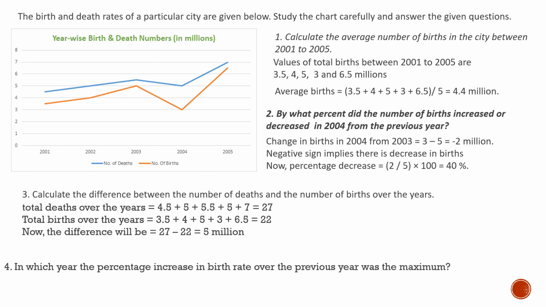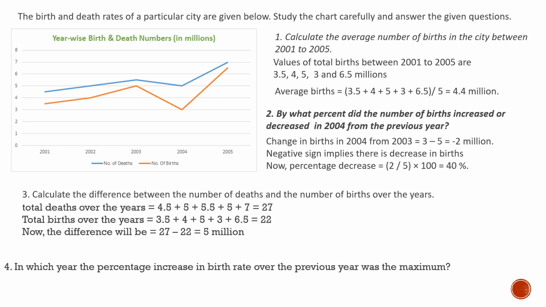In which year was the percentage increase in birth rate over the previous year maximum? So either for every year we compare the number of births with the previous year, or by looking at the graph, you can see that from 2014 to 2015 there is a sharp increase. This sharp slope we can see in the graph.